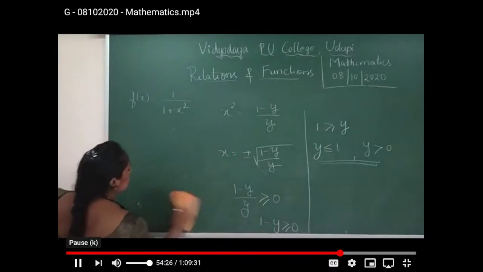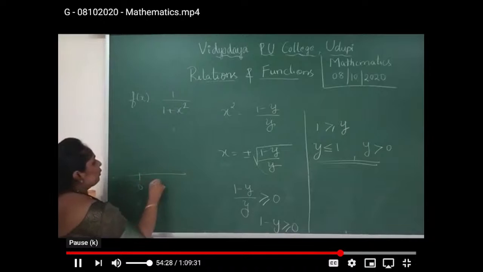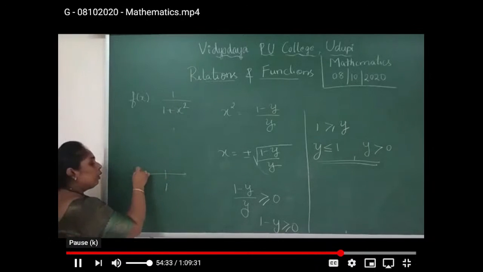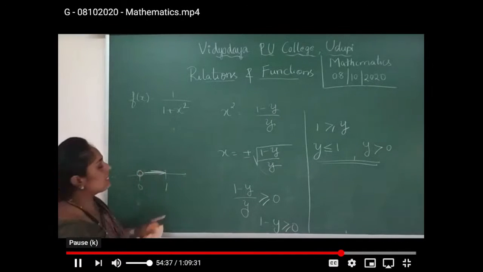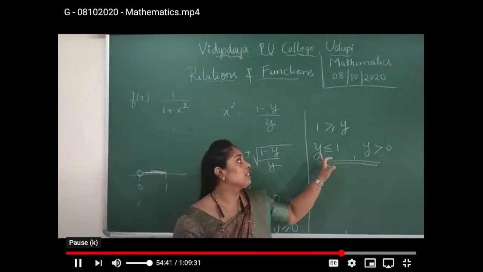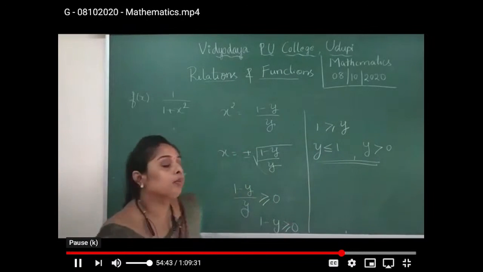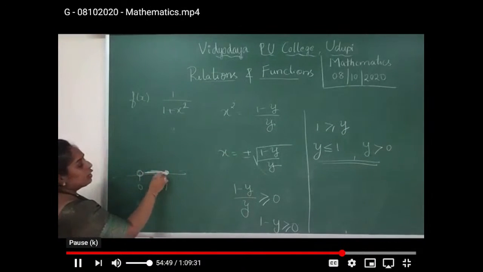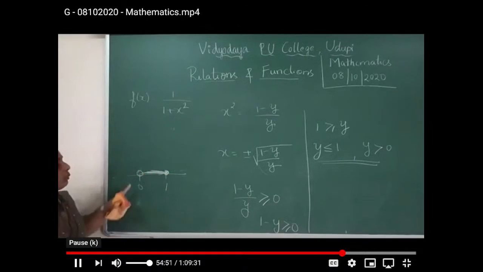So here, if this is 0 and this is 1, y is greater than 0. Follow here, greater than 0 this side. Greater than 0 means actually it comes full, and we have to stop here because y is less than or equal to 1. Less than or equal to 1 means 1 and less than 1. So which region is shaded?